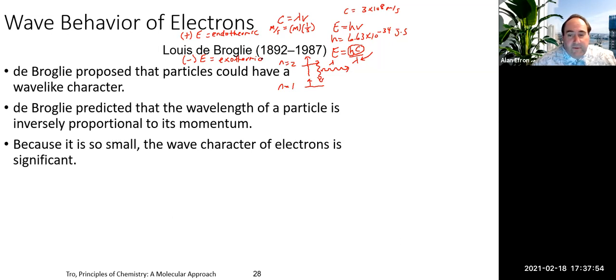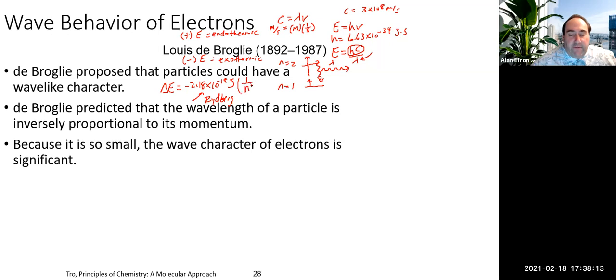So we could use the equation that we saw the other day, that the change in energy is equal to minus 2.18 times 10 to the minus 18 joules. This again is sometimes referred to as Rydberg's constant.